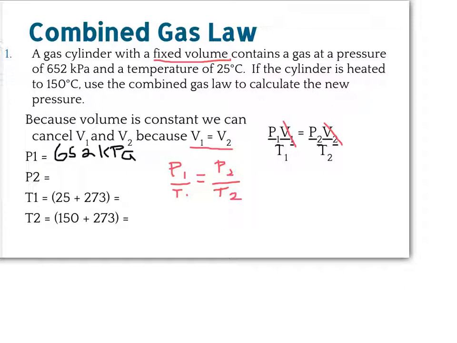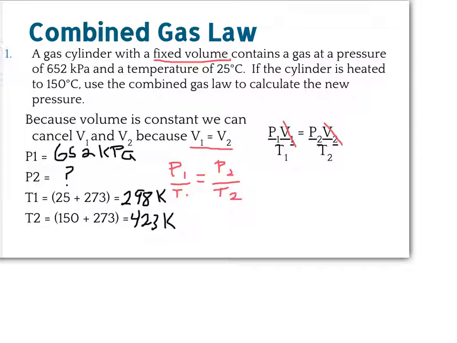We have to add 25 to 273 because our temperature always needs to be in Kelvin when we're doing calculations with gases. What we're doing here is we're heating the cylinder to 150 degrees Celsius. So 150 plus 273 is going to be 423 Kelvin. And what we're looking for is the new pressure.